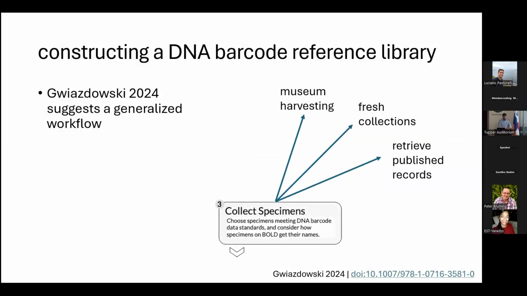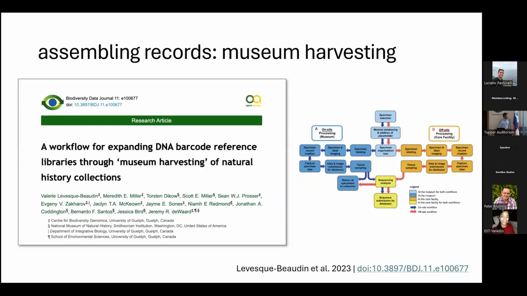Now, I do want to spend a little bit more time on this collecting specimens phase, which we've already started to talk about today. It usually involves museum harvesting, making fresh collections, and then also retrieving records that were published previously.